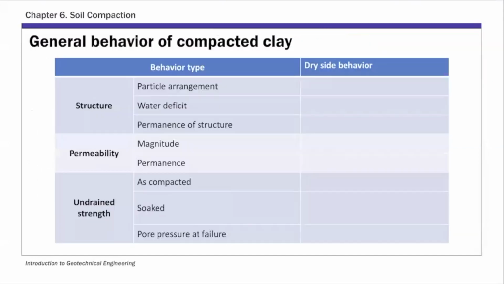And this table basically summarizes the behavior of compacted clay when you're compacting. So here I'm listing the dry side. The wet side behavior is opposite to this. So it shows basically how compaction changes the structure, permeability, and the strength of clays.